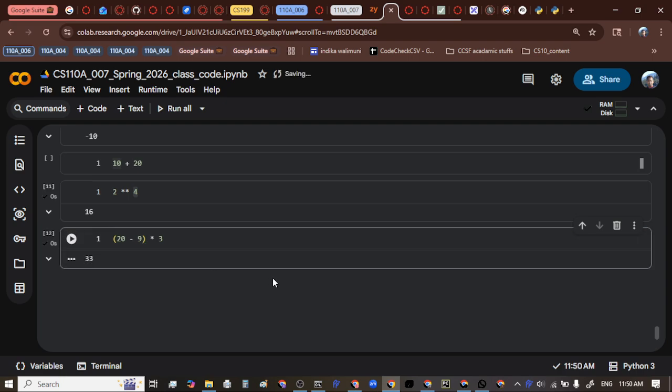The parenthesis has the highest precedence, so we do that first and then multiply. With respect to the star operator, what are the operands? 11 and 3, yes. Because this whole value is the operand for the multiplication.